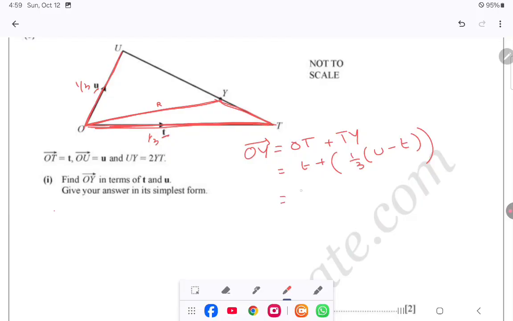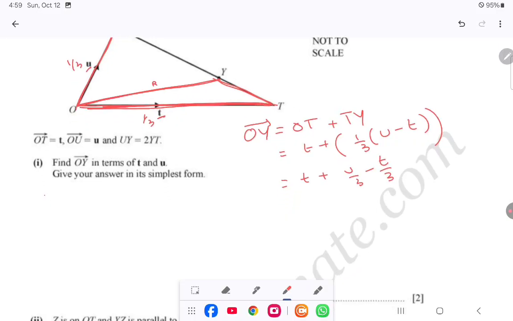Now T plus U over 3 negative of T over 3.